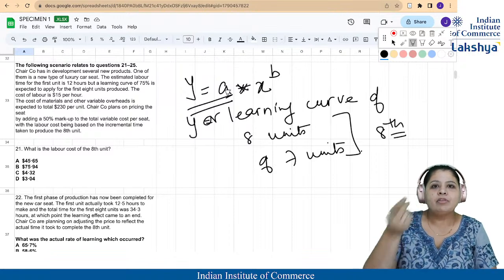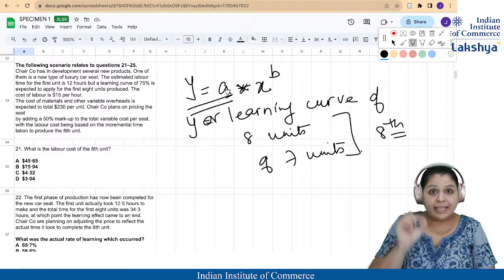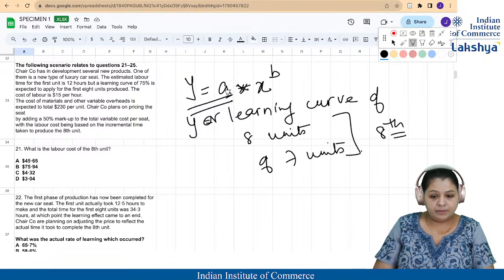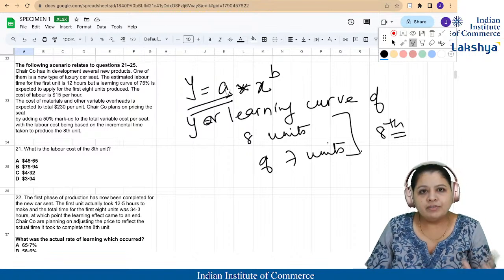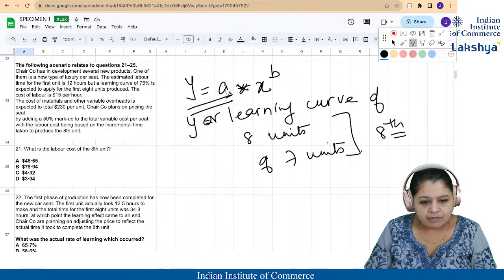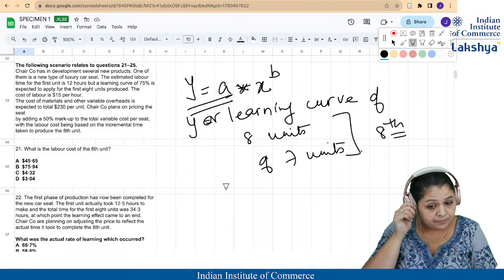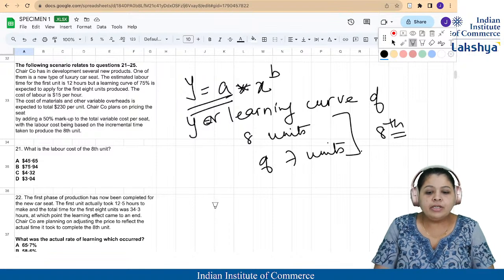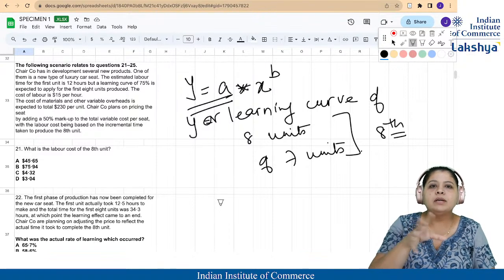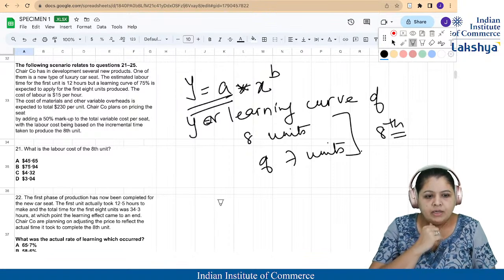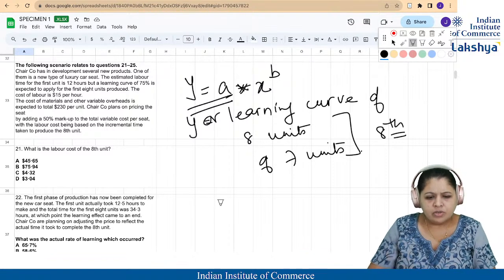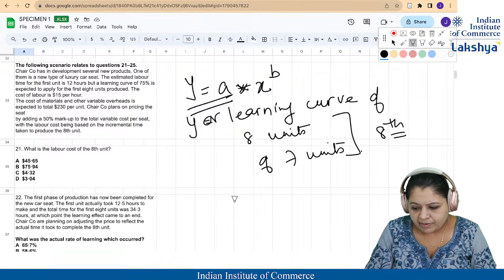When you deduct 7 units from 8 units, you'll get the eighth unit's learning curve, which is obviously the labor cost, right? So this is how you approach it. We have got many values which are already given. A learning curve question is simple because the trick is only to use the correct formula in the correct format. Overall, the question does not happen to be a very difficult one.